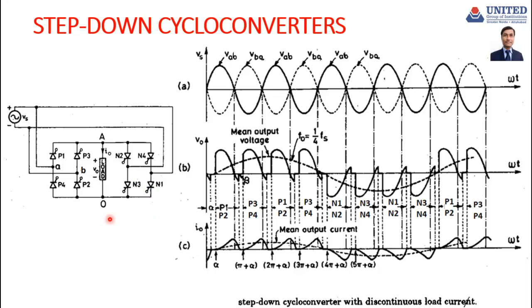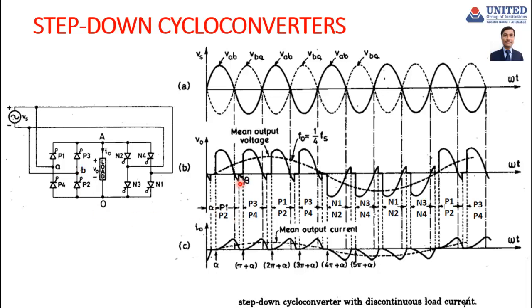When the triggering pulse is applied to the thyristors P1 and P2 at omega t is equal to alpha, then thyristors P1 and P2 will be turned on, and current starts to flow in positive direction, and current follows the path small a, P1, load, P2, small b.